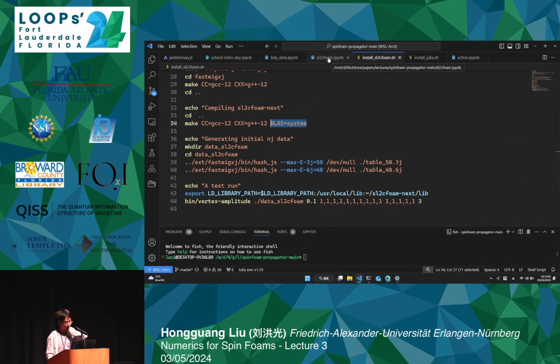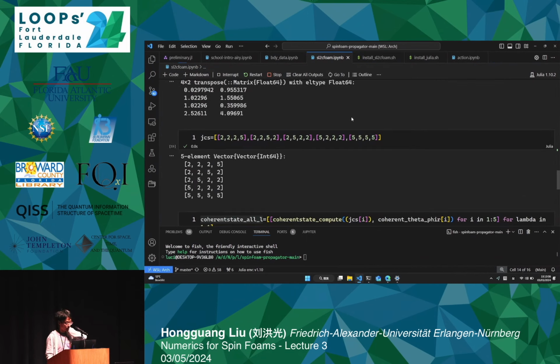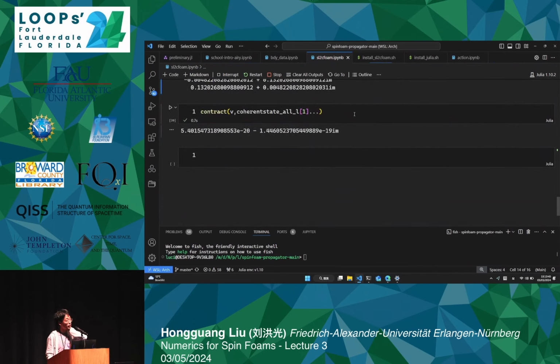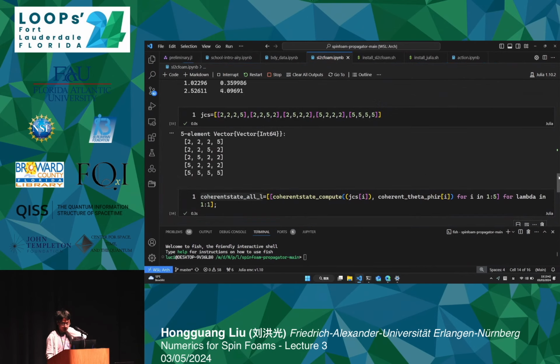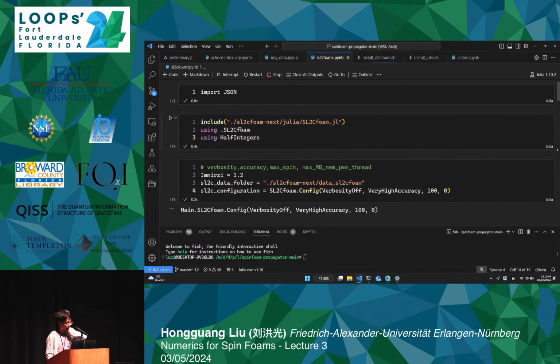This will boost a little bit the contractions between tensors. And also there is the GPU library you can load. You can load it not with SL2C form, but with SL2C form GPU, and then it will do all the tensor contractions on the GPU. If you have a powerful one, you can try. But all the other things are similar.